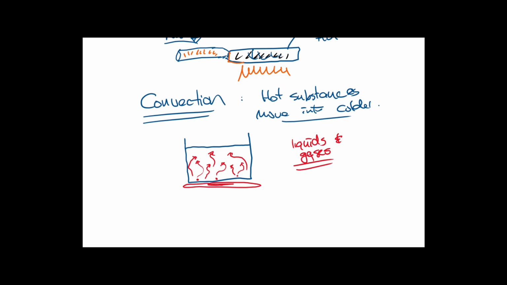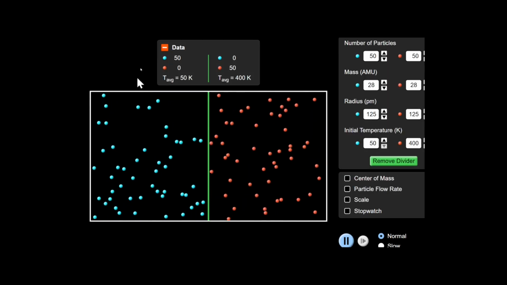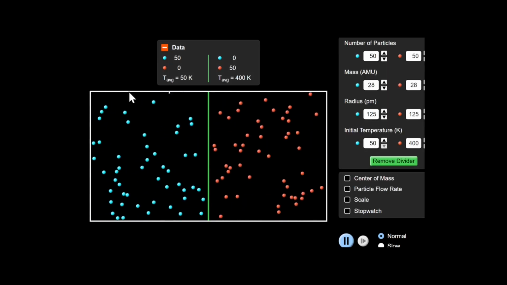The other way of thinking of convection is by thinking of kinetic theory, which is what we're going to get to now. And I'm going to use another PhET simulation that I'll put the link in the description. Okay, so here we see a container.